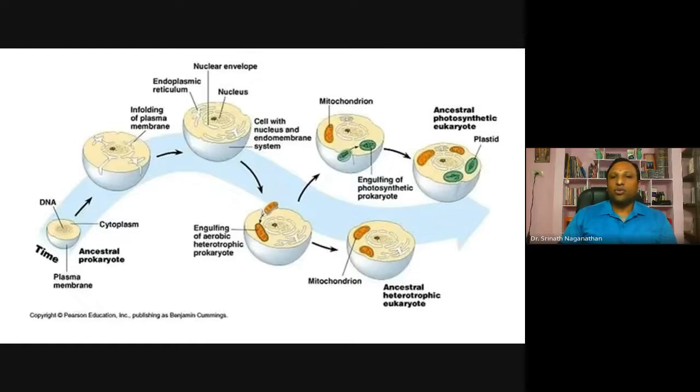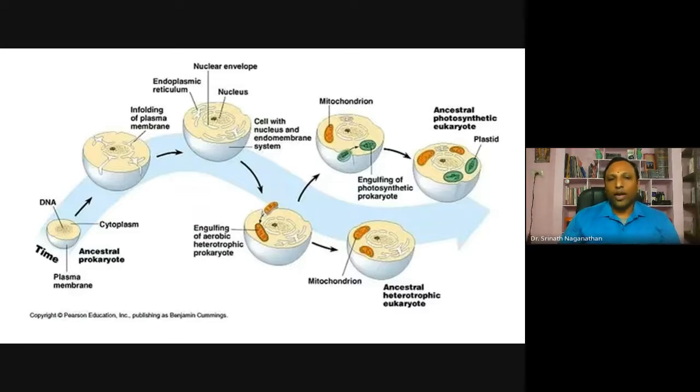If you see the evolutionary process of the development of mitochondria and chloroplast, the ancestral prokaryotes have their own plasma membrane, DNA, and cytoplasm. This evolved, and infolding of the plasma membrane took place.